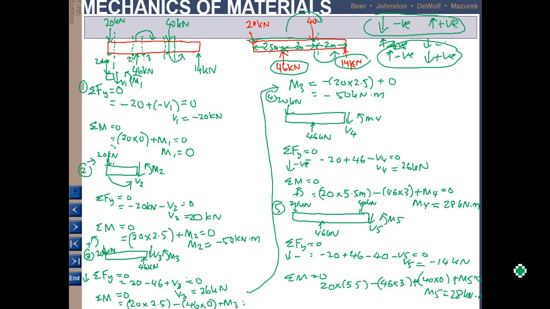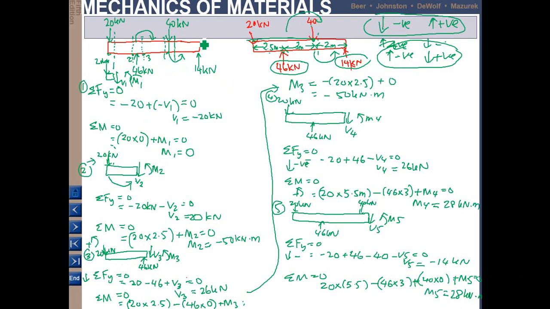Okay, and then you continue with point number 6, which is here. Your section for point number 6 is here, just before the 14 kilonewton. This is 20 kilonewton, this is 46 kilonewton, and this is 40 kilonewton, and you have the section here.